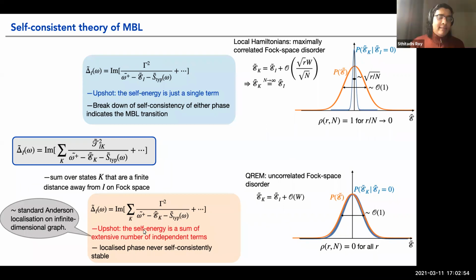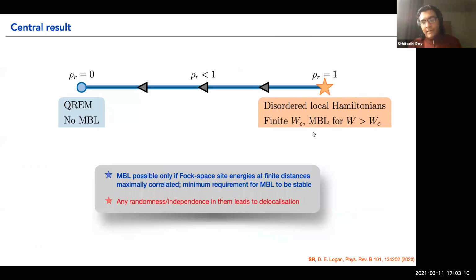And what we find is the localized phase is never self-consistently stable. And that tells you that the maximal correlations in the disorder is what is stabilizing the MBL phase in the disordered local Hamiltonians. So that brings me to the central result, which is that this reduced covariance at finite distances has to be equal to 1 for many body localization to be stable.